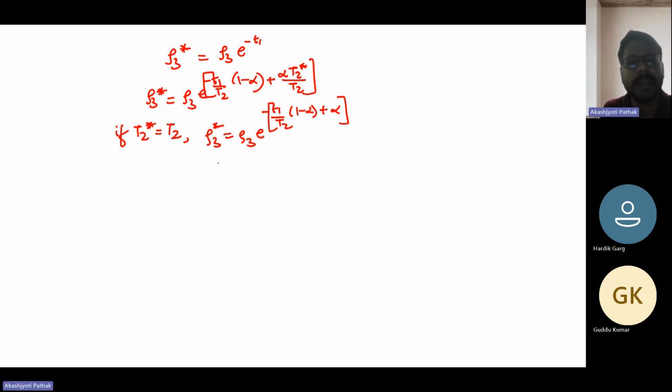And hence, what will happen then? If this happens, then there will be no scaling of the line widths.